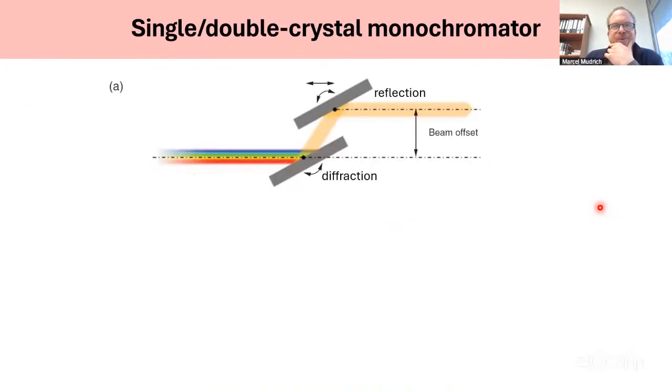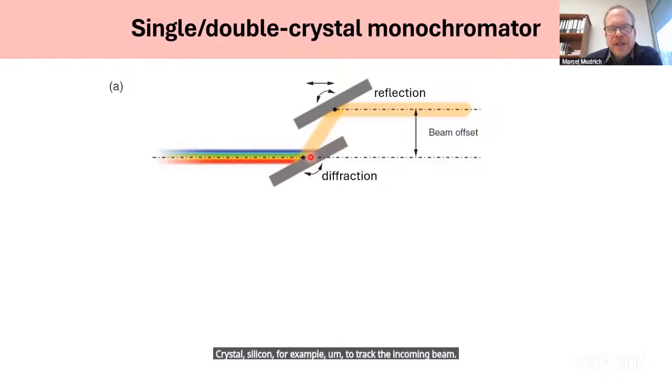And then, yeah, once we have decided on one crystal, silicon, for example, to diffract the incoming beam, then typically it's not only one crystal, but one crystal and a mirror arranged like that.